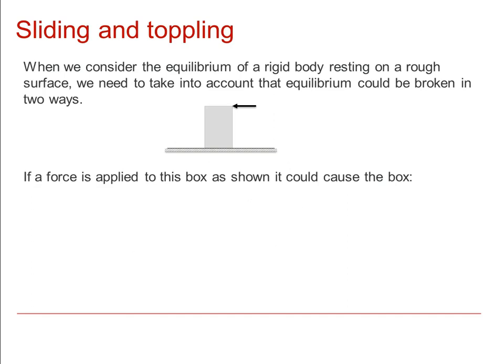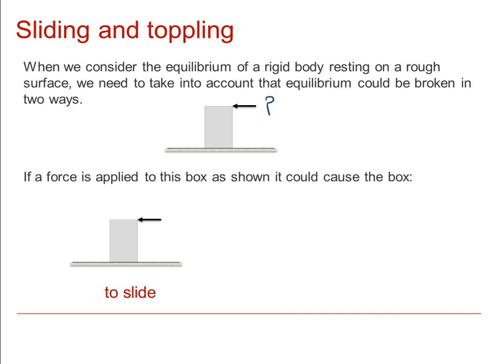In general, if we've got an object which is sat on a rough surface and we're going to push it with some force, let's call that force P, then different things can happen depending on the size of the frictional force. Now, it's possible that what will happen is it will begin to slide.